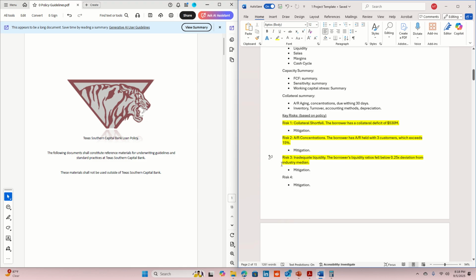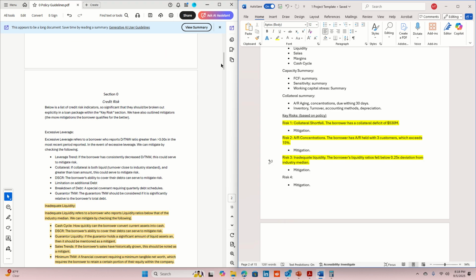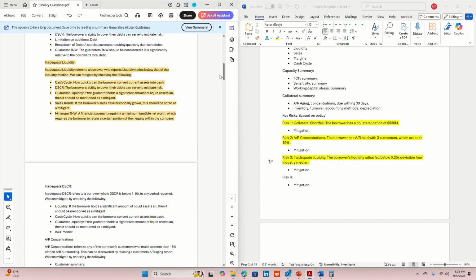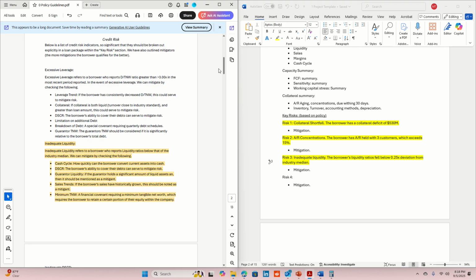This is a habit that I want you to form. I want you to get into the habit of checking to see if a company's liquidity ratios deviate by more than 0.25x. And if it does, then it violates the policies that I've written for you guys. And then I want you to come up with ways on how we can get comfortable with the increased risk that comes with them falling short of our requirements.